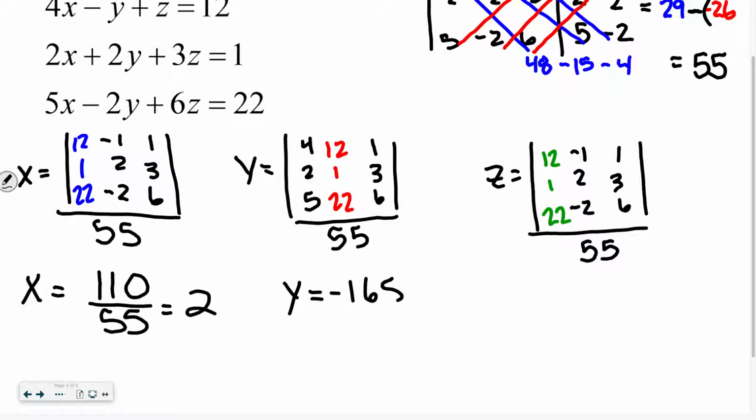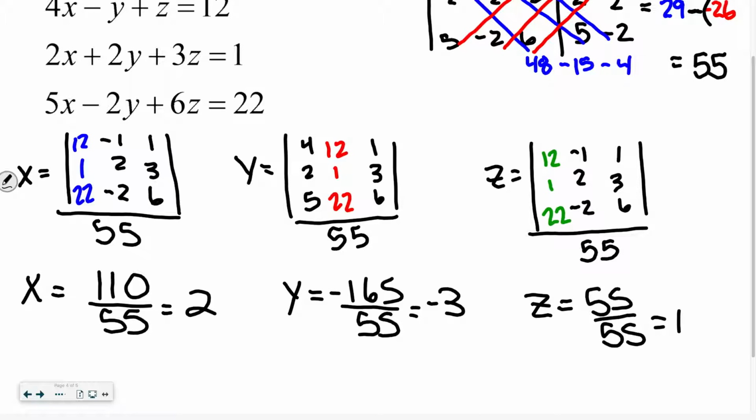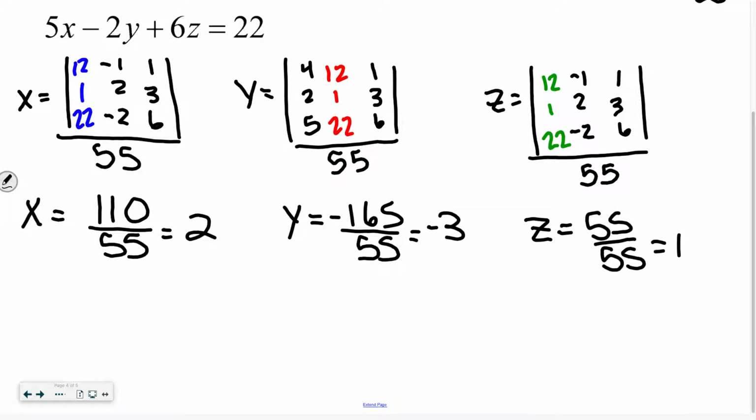Negative 165 divided by 55, which is then negative 3. And then Z's, what did you guys get for your numerator? What's that? 55, yes, thank you guys. 55 divided by 55, which is 1. So then we can take those three and put them down as an ordered triple. So 2, negative 3, positive 1.